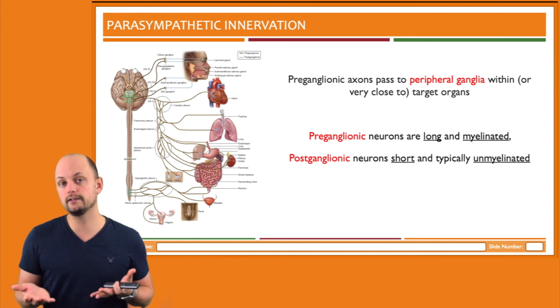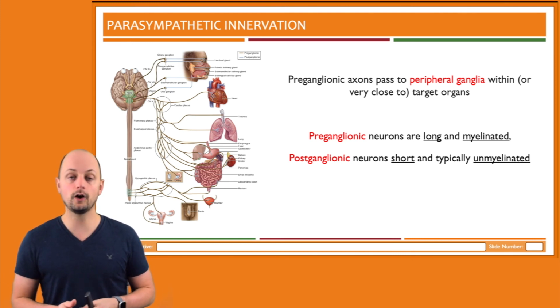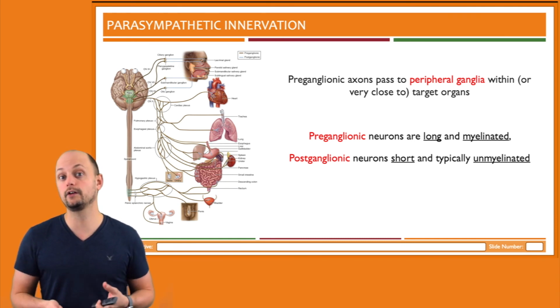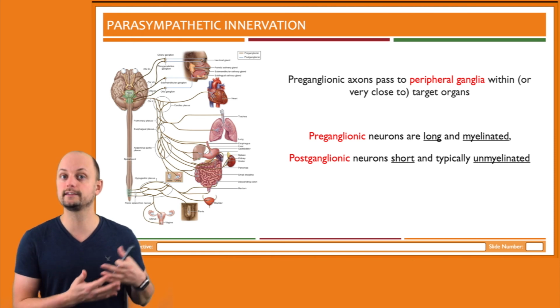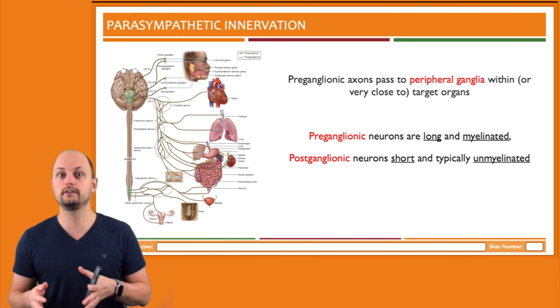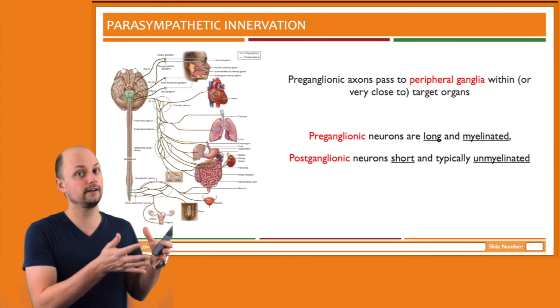And that's because the parasympathetic division, all those preganglionic neurons, are actually really, really long. So instead of synapsing near the spinal cord, like we do in the sympathetic division, those preganglionic parasympathetic neurons actually travel all the way to the target tissue.